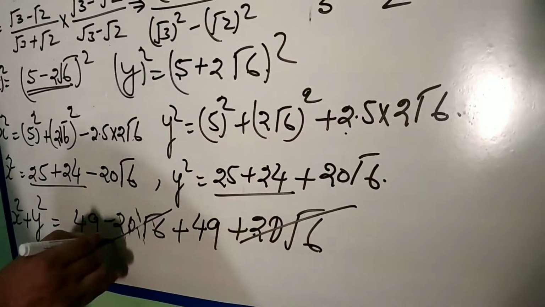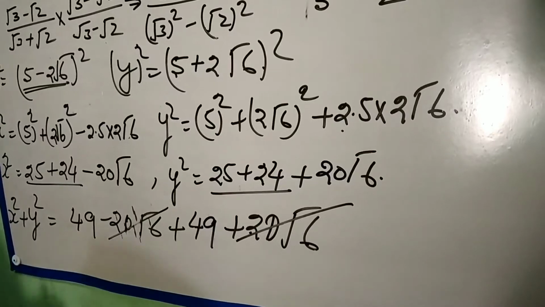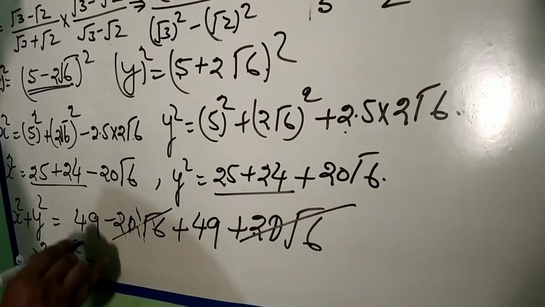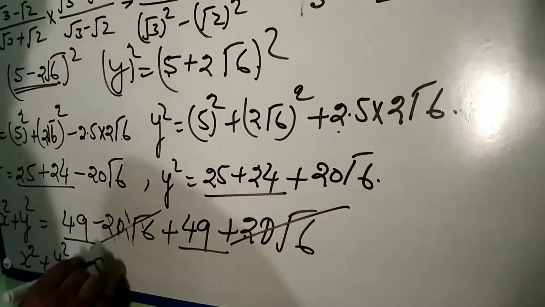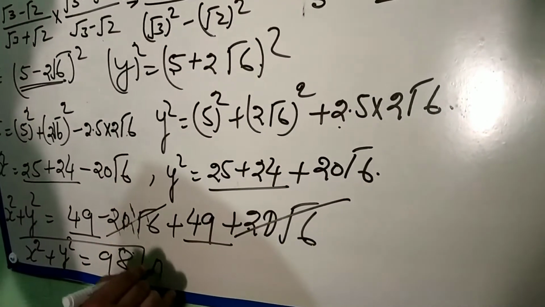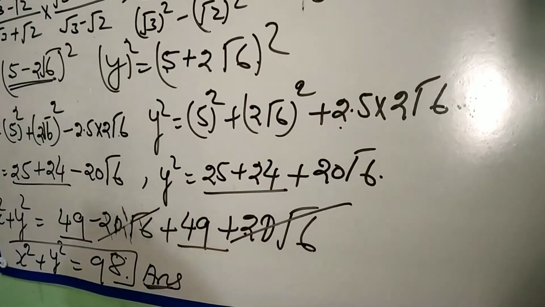So 20 root 6 plus and 20 root 6 with minus sign cancel, and ultimately we have got x का square plus y का square, that is 49 plus 49, 98. That is our final answer.